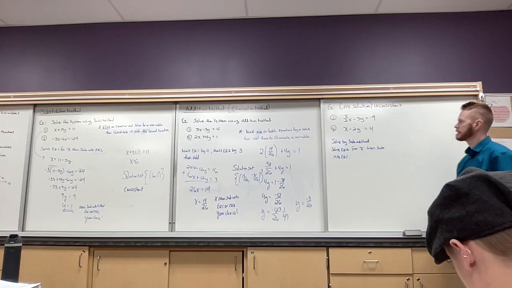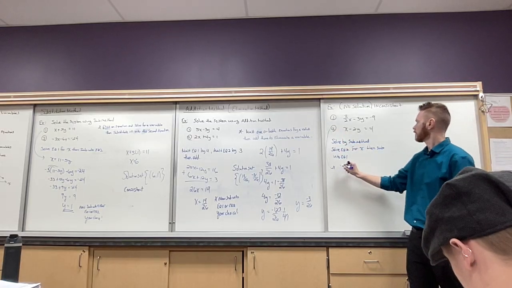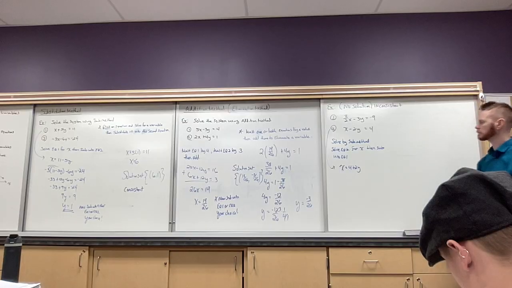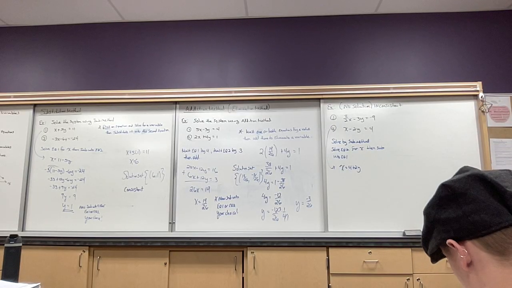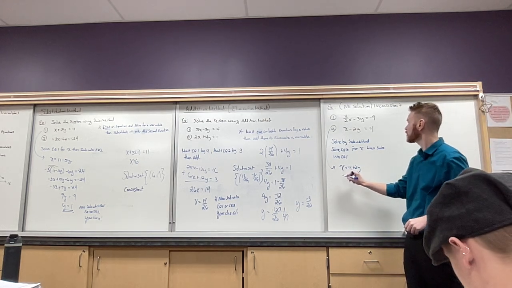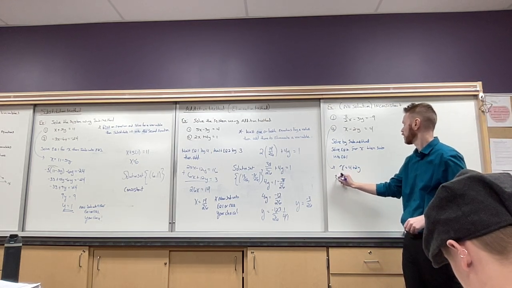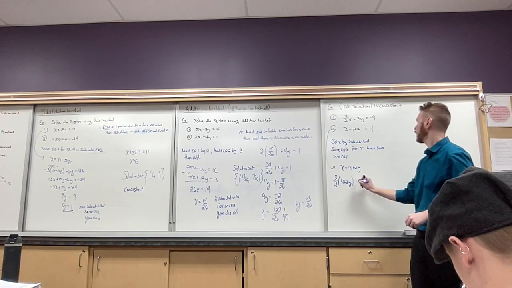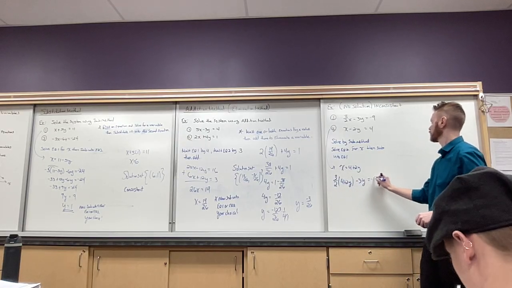So equation 2 gives x equals 4 plus 2y. Plugging that into the first equation, we get 3 over 2 times (4 plus 2y) minus 3y equals negative 9.